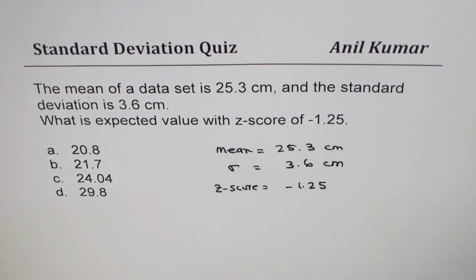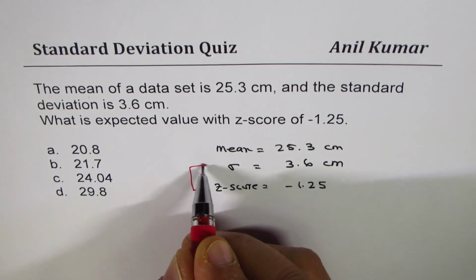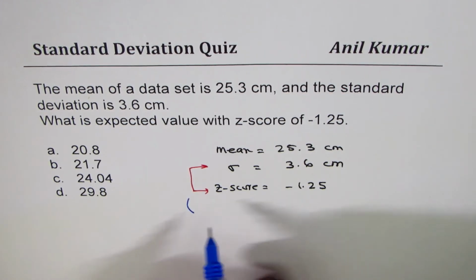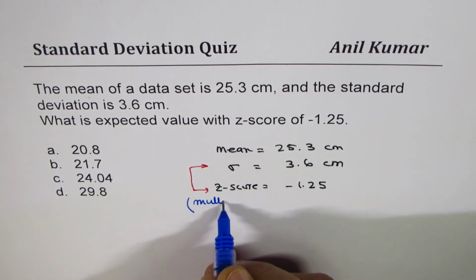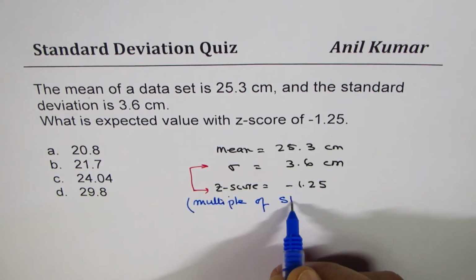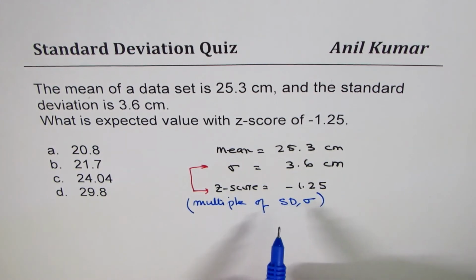Now z-score is related with standard deviation, right? Z-score is like a multiple of standard deviation, or sigma. Is it okay? That is what z-score is.